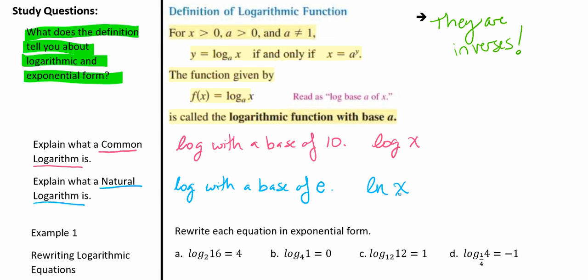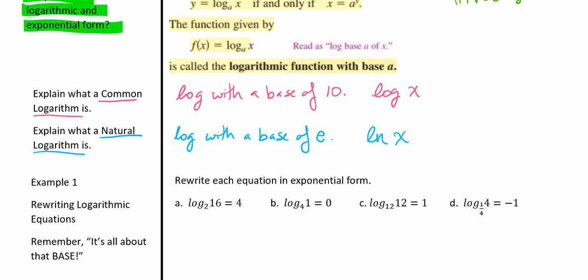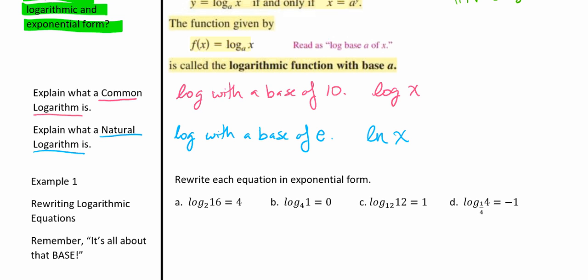Now we're going to do an example where we write each equation in exponential form. What's important to remember is that it's all about that base. So we're going to locate our base. For problem A, we have the log base 2 of 16 equals 4. We find our base, which is 2, because remember, it's all about that base.